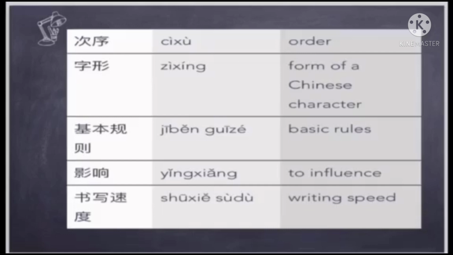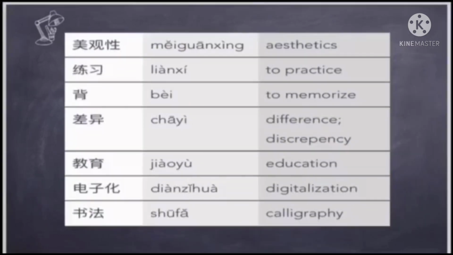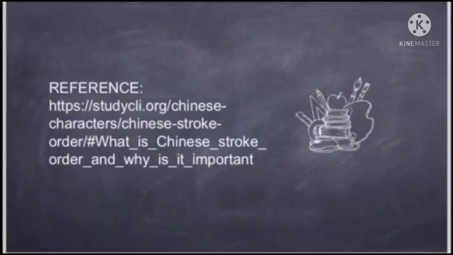Yingxiang, to influence. Shuxie sudu, writing speed. Meigan, aesthetics. Lianxi, to practice. Jiyi, to memorize. Chayi, difference or discrepancy. Jiaoyu, education. Shuzihua, digitalization. Shufa, calligraphy. And this is the reference.